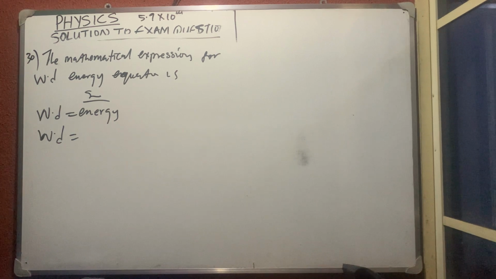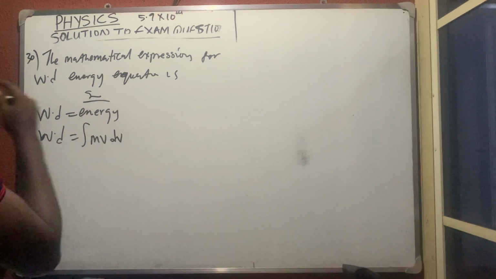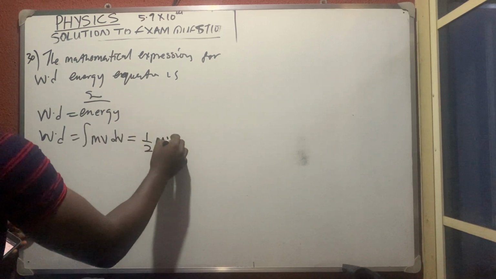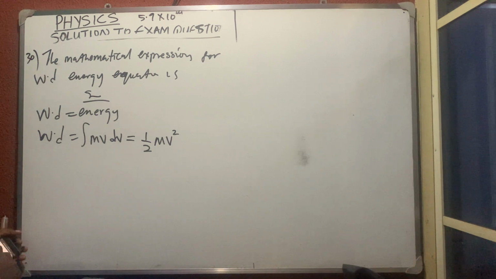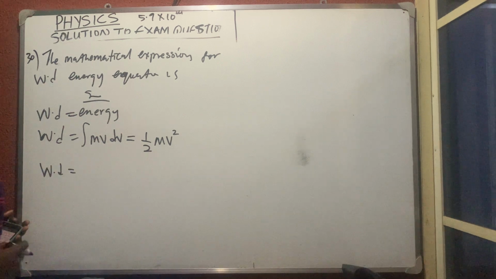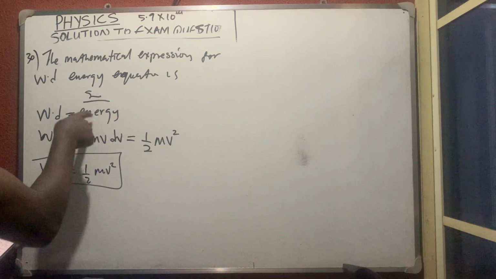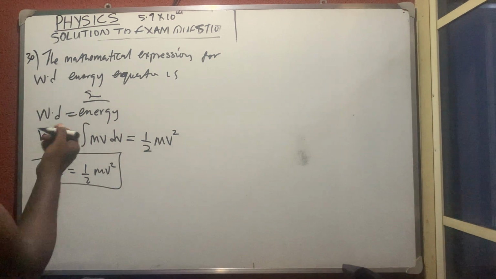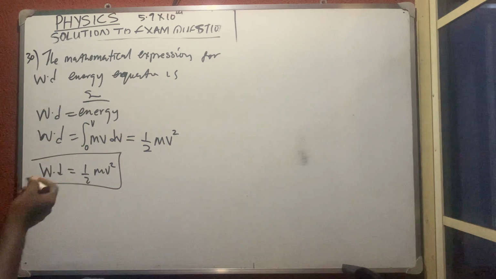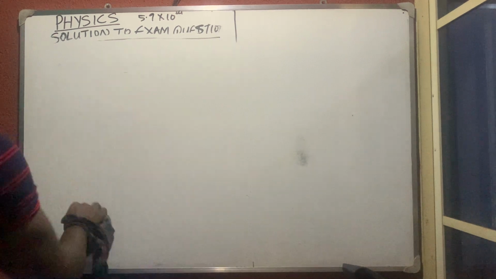It can be the integral of mv dv, because if you integrate this it will give you 1/2 mv squared plus a constant. So work done is equal to 1/2 mv squared. In fact, this is the right one, because this one will tell you where it started from and where it ended, for example from 0 to v. So let us choose this one.